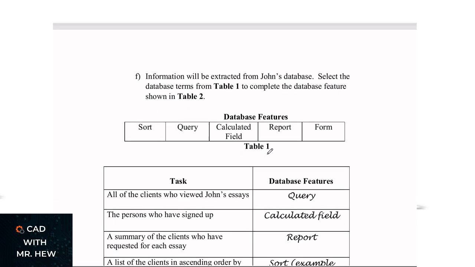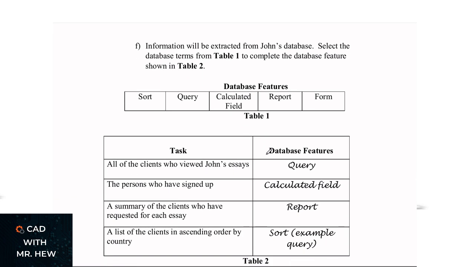Okay, let us look at question F. We are given 2 tables. Table 1 with the database features, and table 2 with the task, 4 tasks that are listed, and we're going to complete the table using the database features that are listed in table 1. So here's the correct answer.